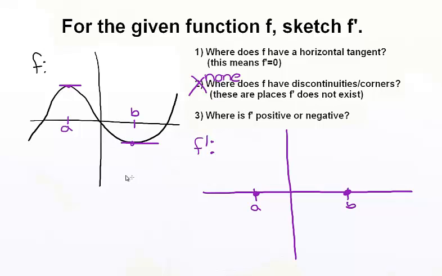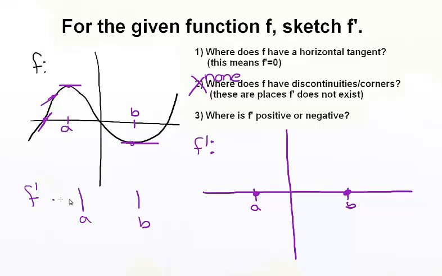Where is the derivative positive or negative? So we'll have this little chart for f prime, and we're going to have A, we're going to have B. Now to the left of A, is the derivative positive or negative? Let's see, maybe we can pick some random point and draw a tangent line. That's going to have a positive slope. Pick another one here, that's going to have a positive slope as well.